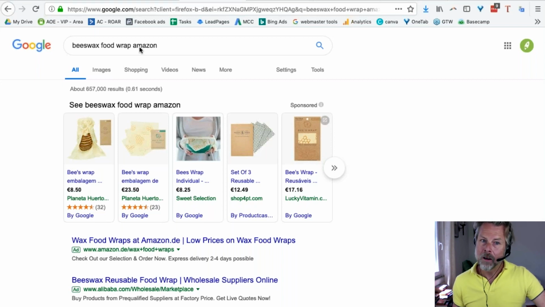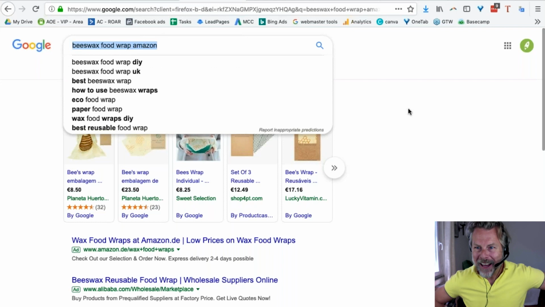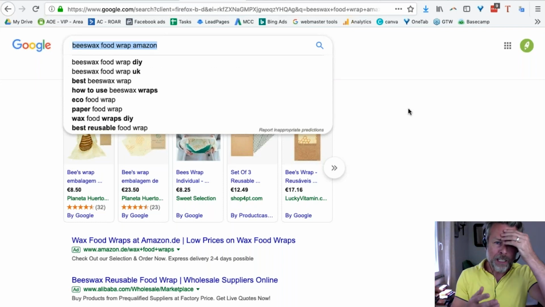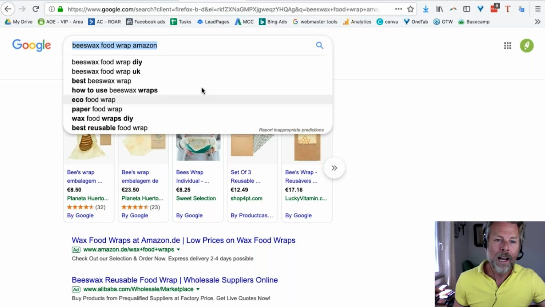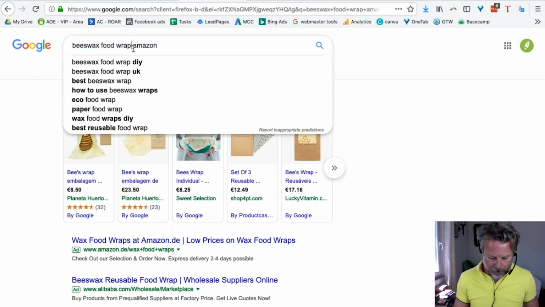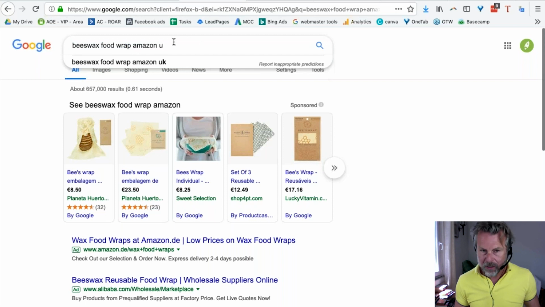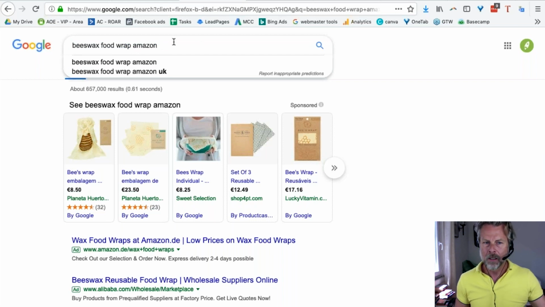So whatever your product is, we're talking about beeswax food wraps, but we could be talking about anything. Whatever your main search term is, plus the word Amazon, is a fantastic search term to go after.